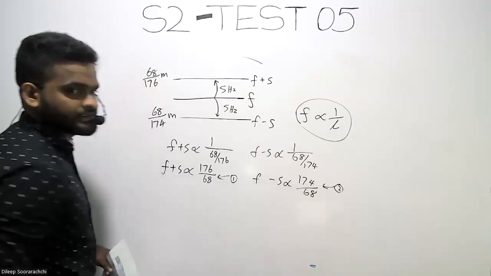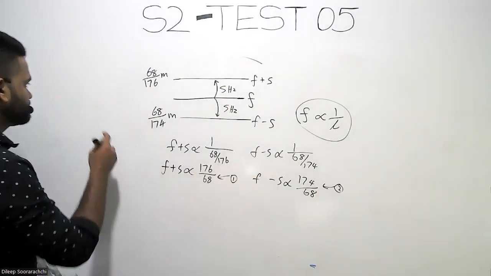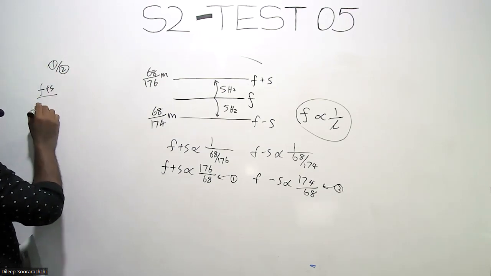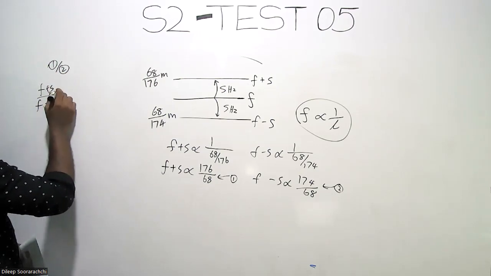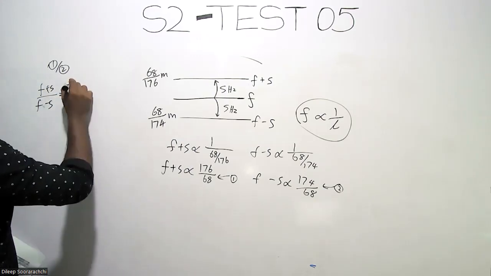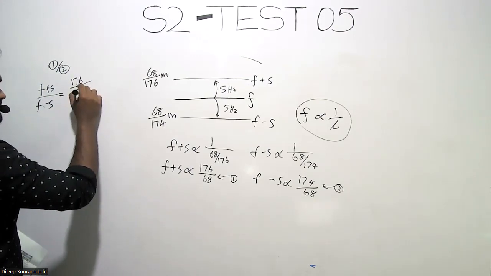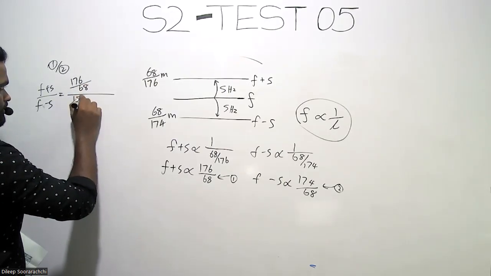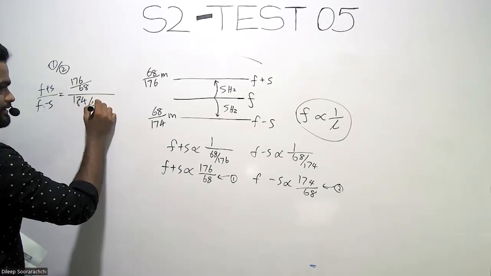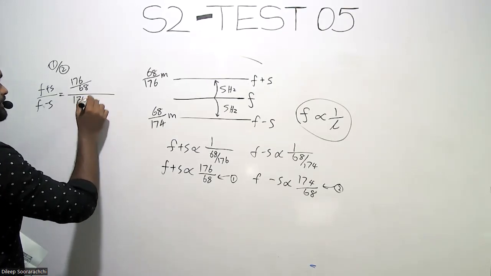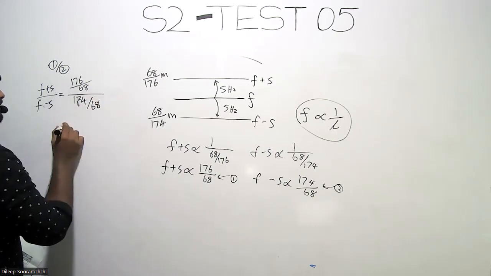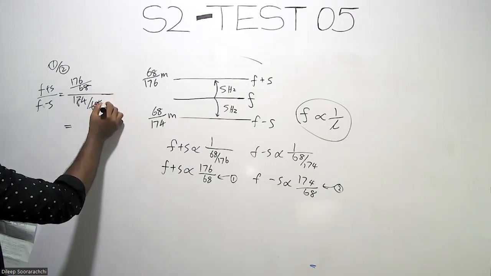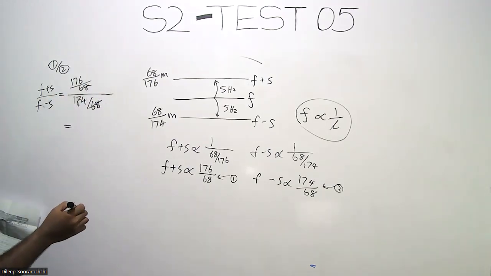Now we have two cases. I'm going to divide those 1 by 2. So this is F plus 5 divided by F minus 5 equal to 176 divided by 68, divided by 174 divided by 68. So you can get rid of 68 if you multiply both denominator and numerator by 68.